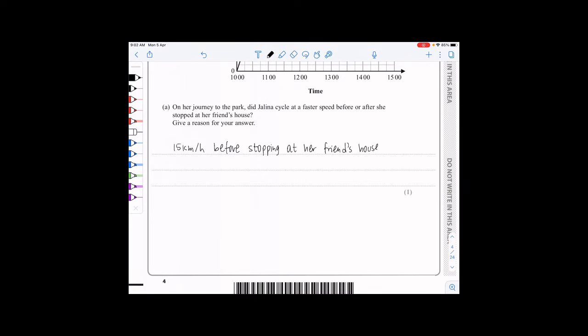So 9 kilometers divided by 3/4 of an hour. This is giving us a result of 12 kilometers per hour, and that's for after stopping at her friend's house.